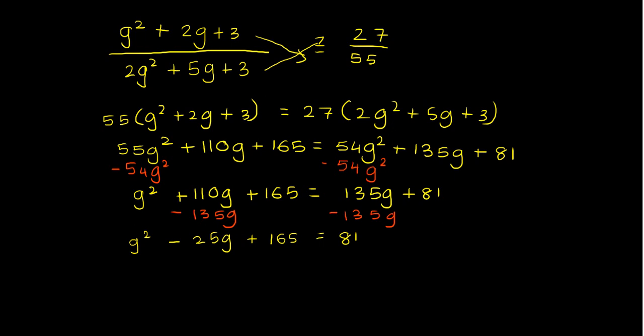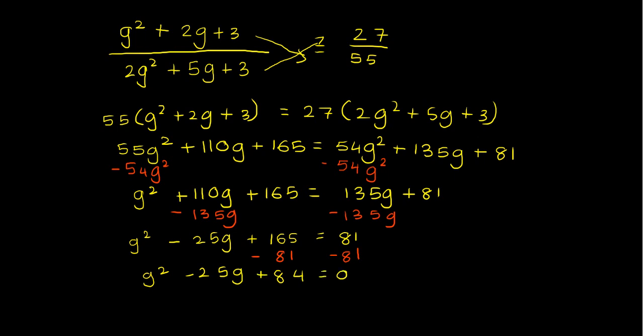And then I'm going to subtract 81 from both sides. I hope this factorizes. It's pretty lengthy. Okay, so I've got g squared minus 25g, and this will give me 84. Yep, positive 84, and that's equal to 0.